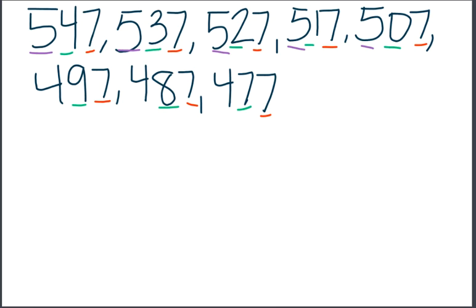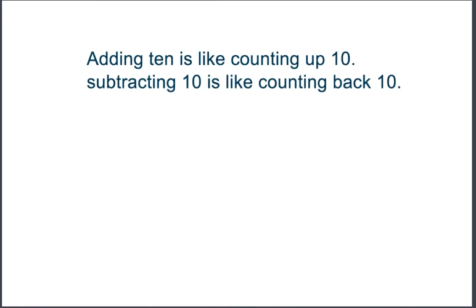So, how is counting by tens similar to adding or subtracting by tens? Adding 10 is like counting up 10. Subtracting 10 is like counting back 10. How could we use these patterns to think of a rule for mentally adding or subtracting 10?